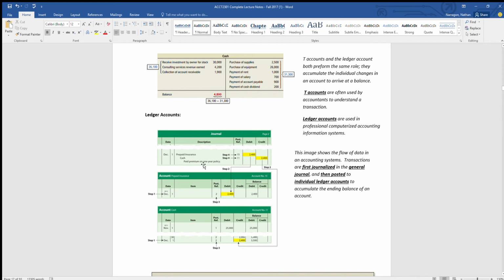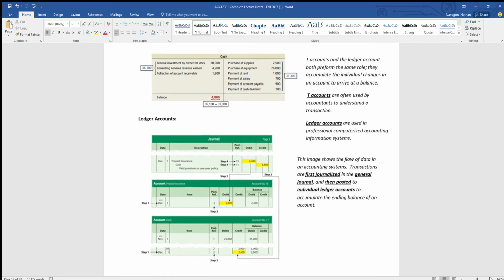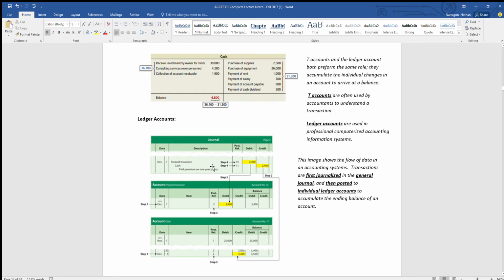They're going to actually take the journal entry you've created. Here, it's a little bit harder to see, but it's actually prepaid insurance and cash. And basically it looks like we paid for some insurance. So again, cash is credited, prepaid insurance gets debited.